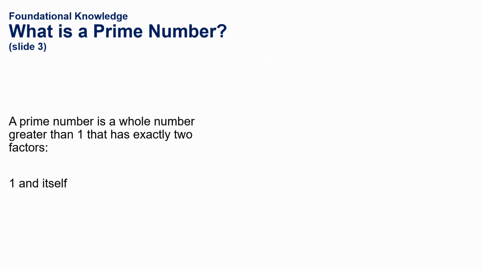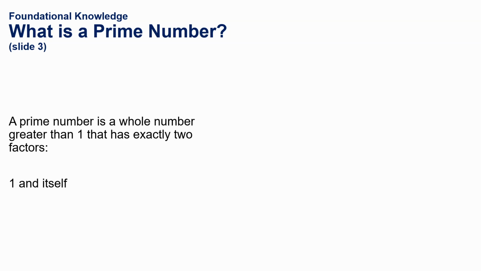Another important concept for this chapter is what is a prime number? So a prime number is a whole number greater than 1 that has exactly 2 factors, 1 and itself.